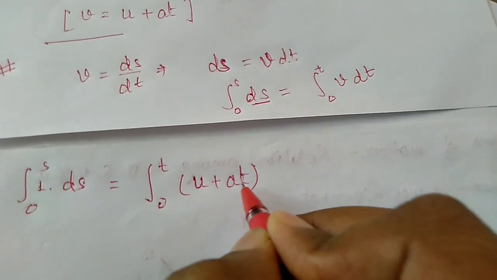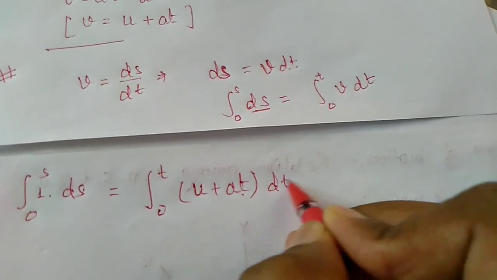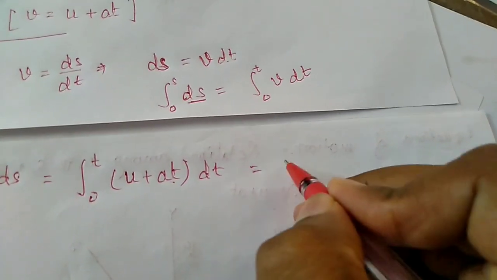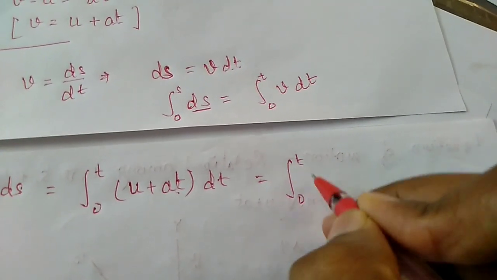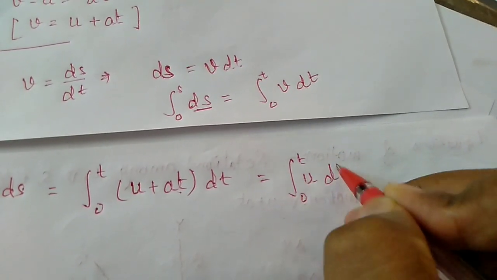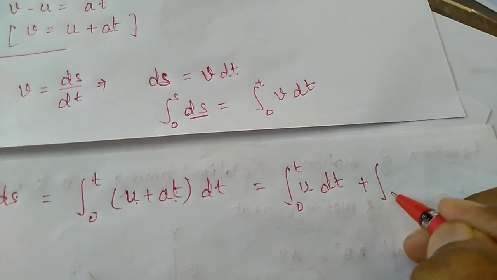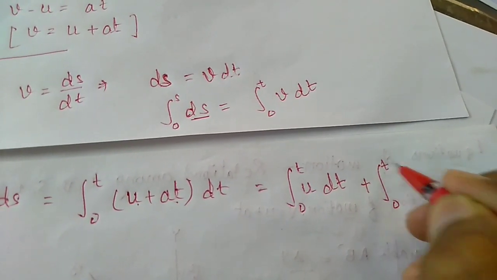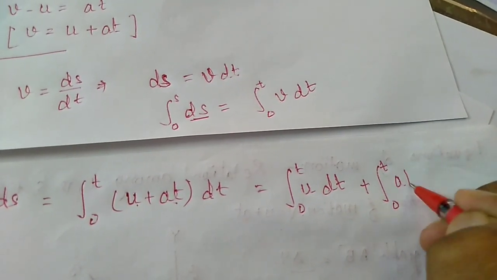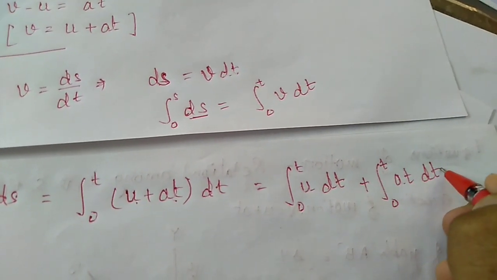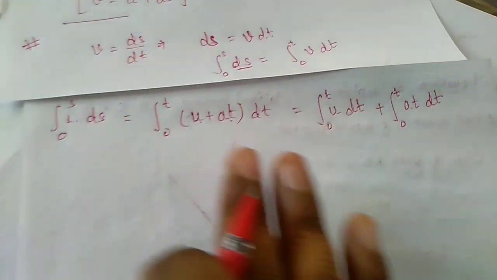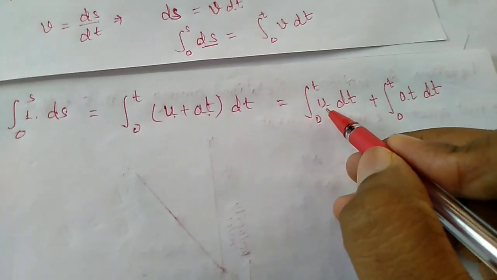Now you can see here there is a function of time, dt. Now on splitting, integration from 0 to t of u dt, the first part, plus integration from 0 to t of at dt.